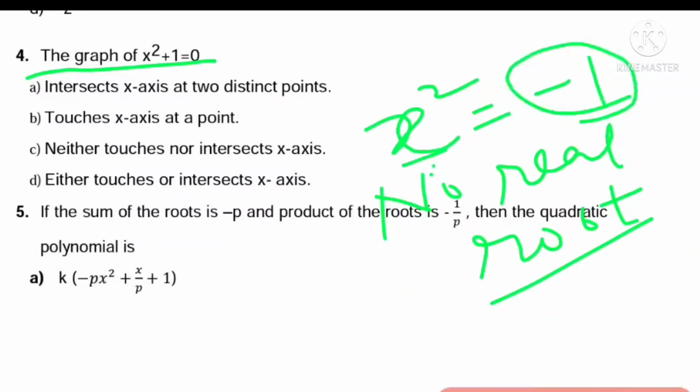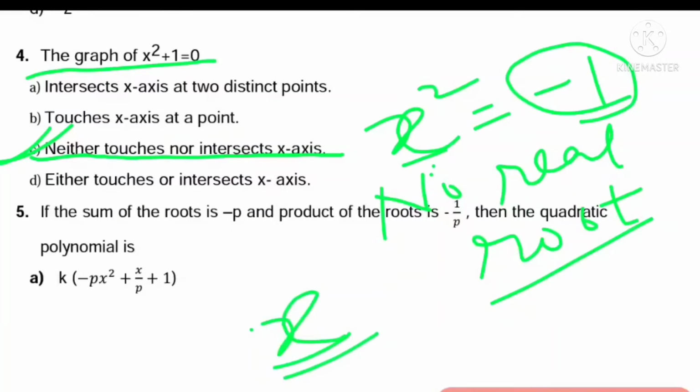So here it will not cut the x-axis. So we can write here neither touch nor intersect the x-axis. Okay, so this type we will never get x points. So it will never touch the x-axis.